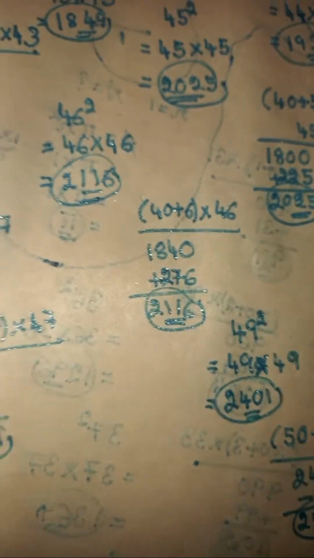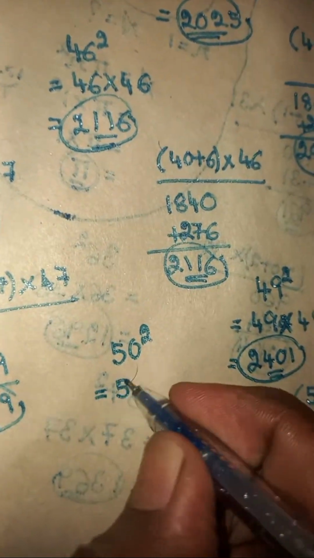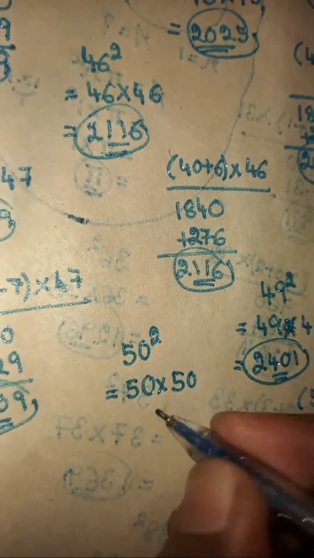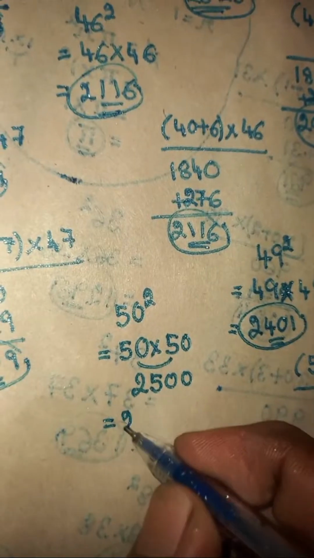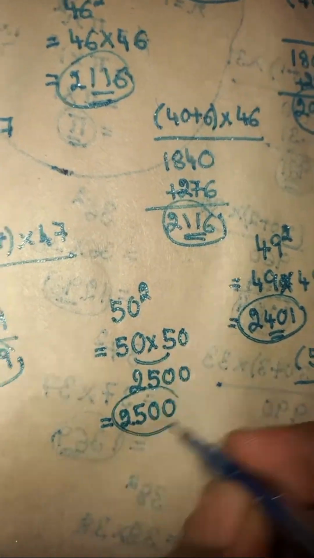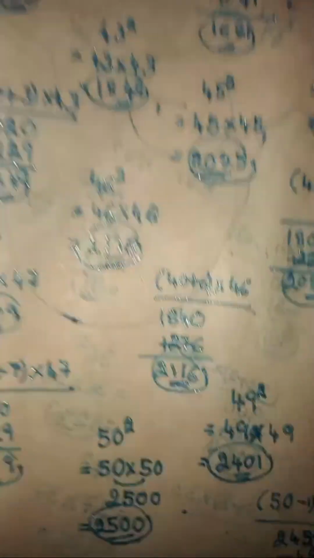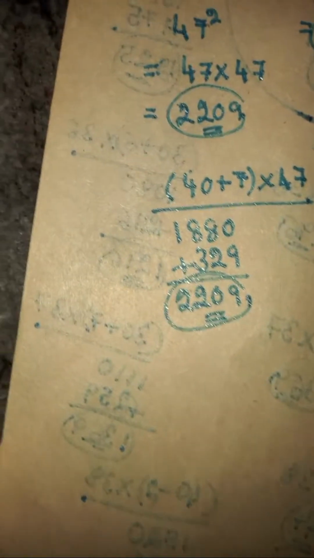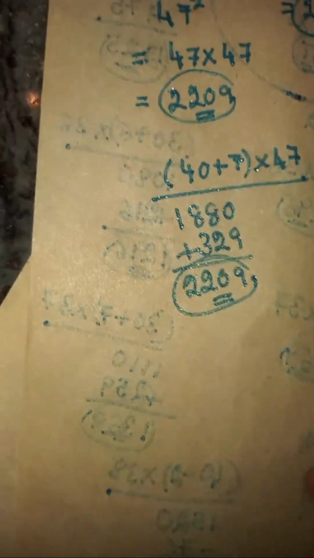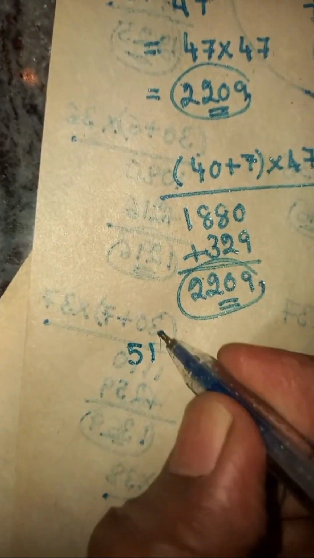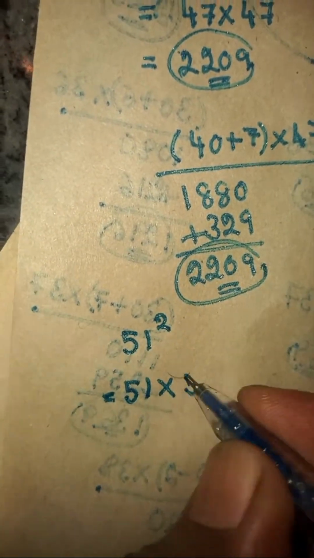Let's write what is 50 square. 50 square can be written as 50 times 50. 50 times 50 is 2500. So this 2500 is 50 square. Now let's write 51 square. 51 square equal to 51 times 51.